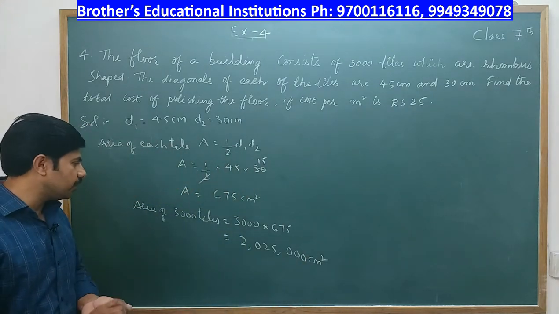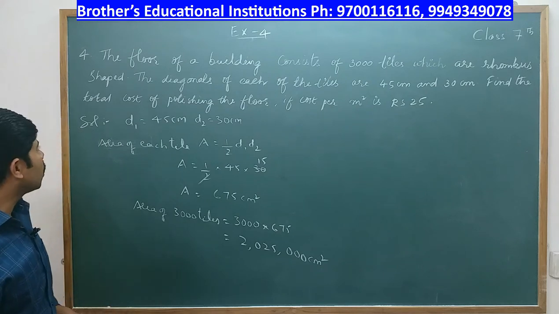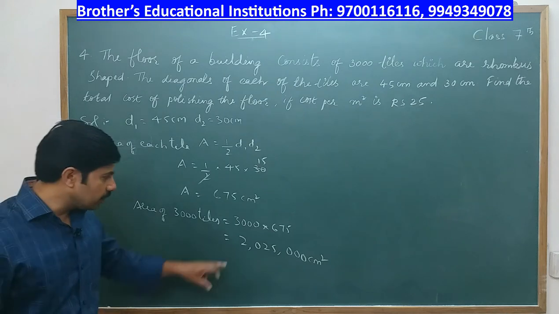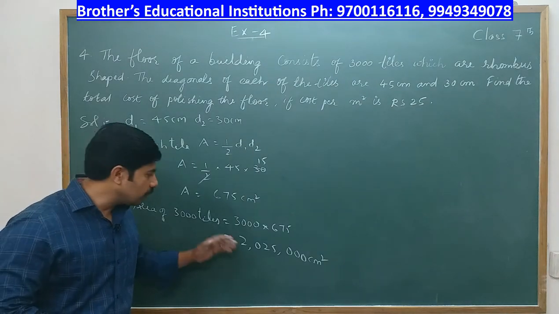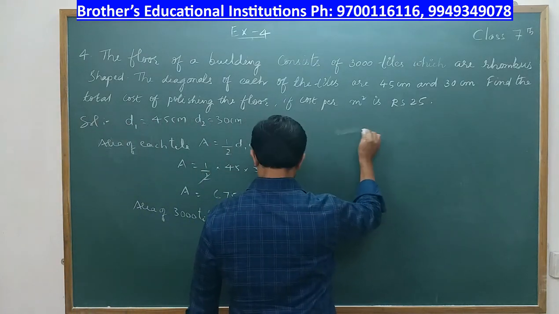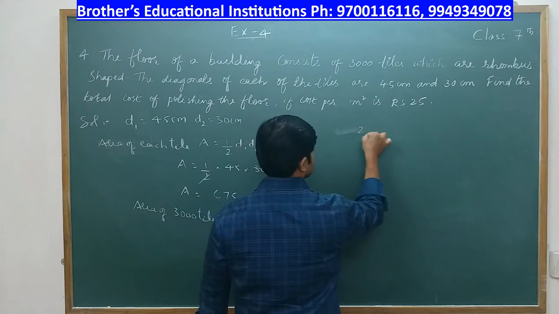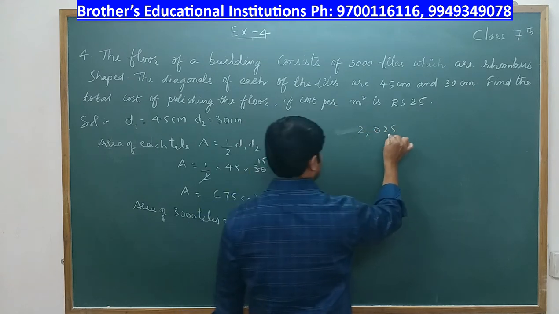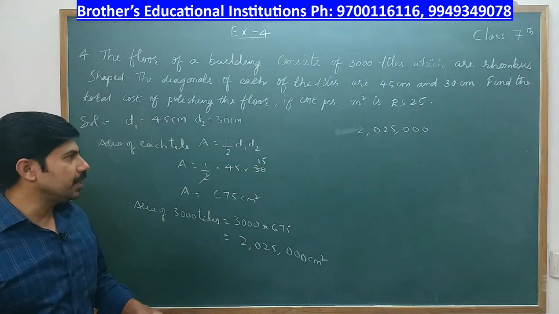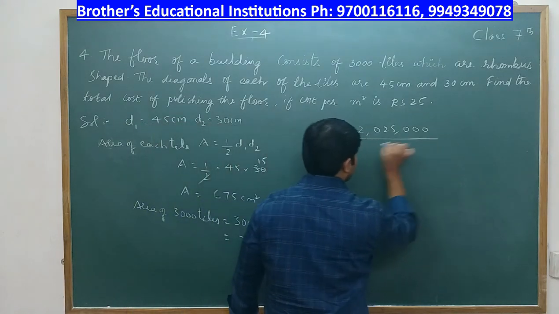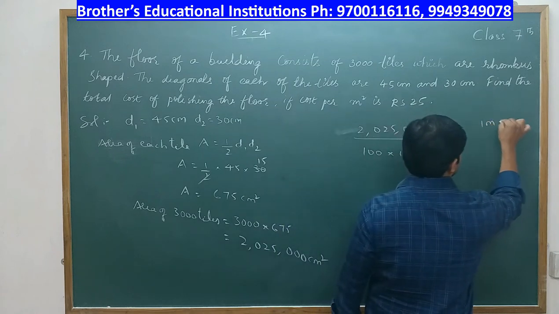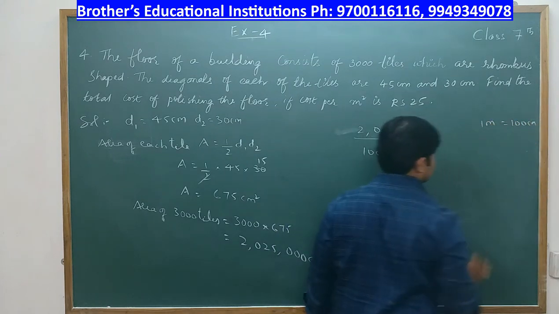After getting the area of 3000 tiles, the cost of polishing per meter square is given as 25 rupees. Now I will convert this into meter square. The area of 3000 tiles is in centimeter square. To convert this into meter square, I will divide by 100 into 100. See, 1 meter is 100 centimeters.